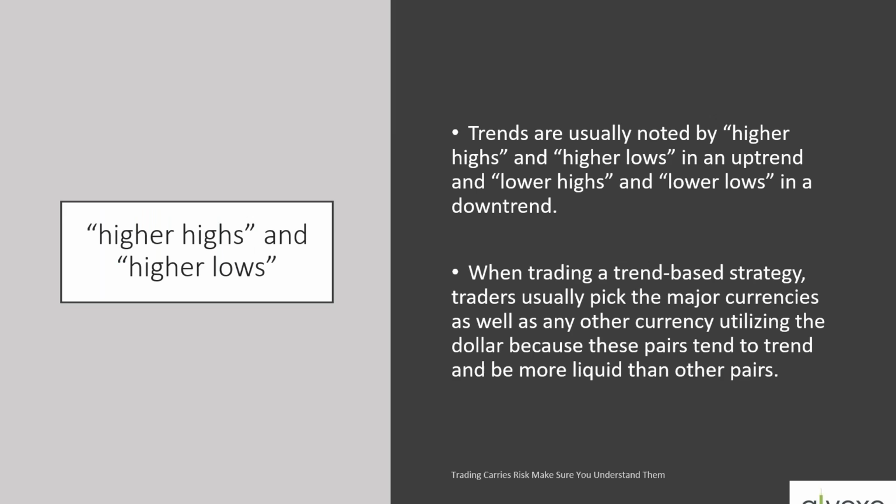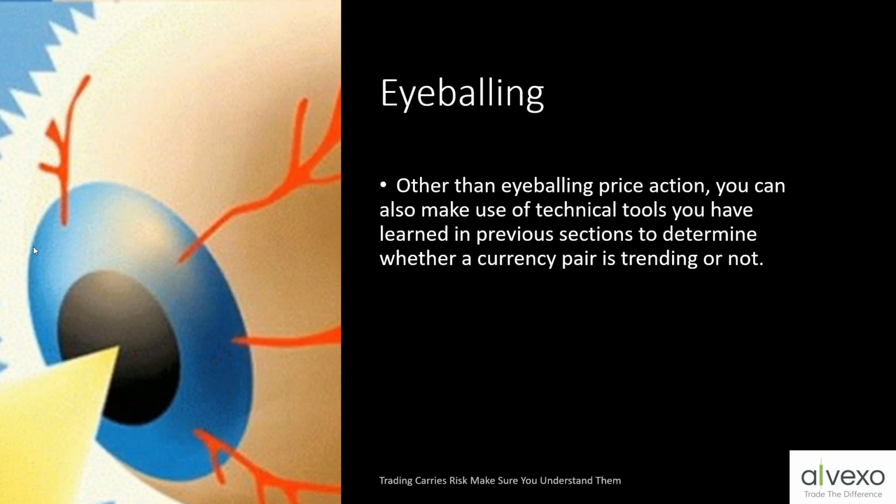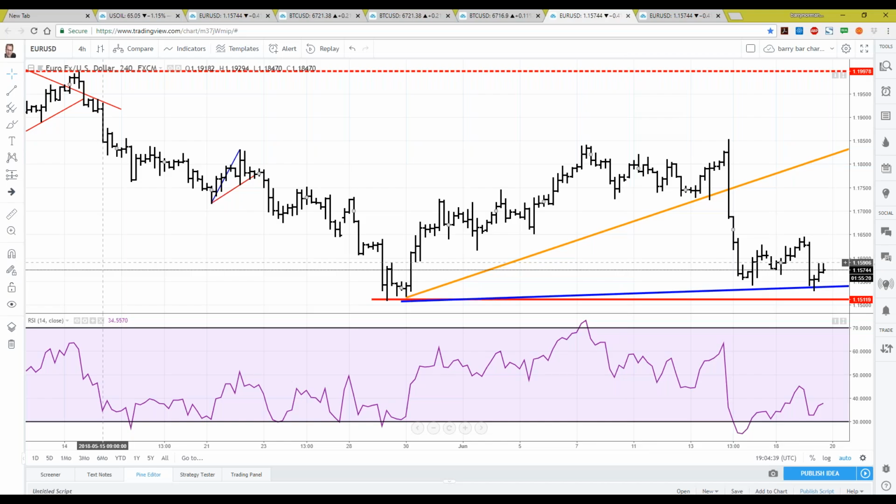Now, trends are usually noted by higher highs and higher lows in an uptrend, or lower lows and lower highs in a downtrend. So let's go over and take a look at some charts and see if we can see what an overall trend looks like. So here we are looking at the current chart for the euro-US dollar.